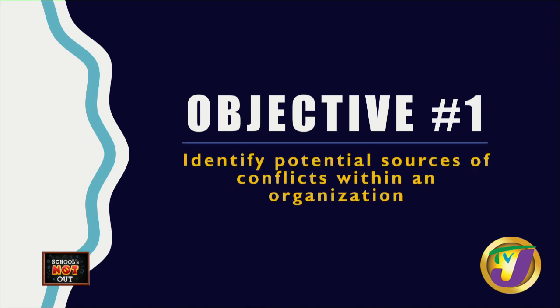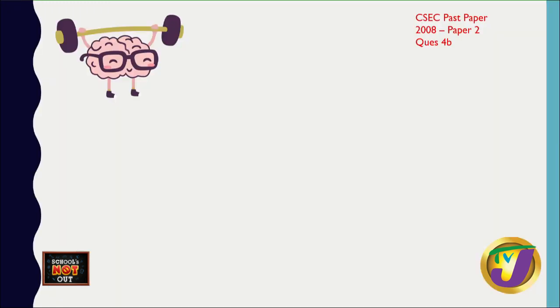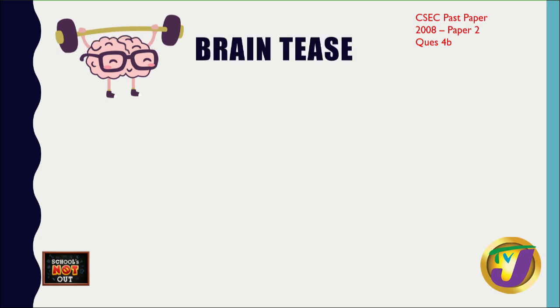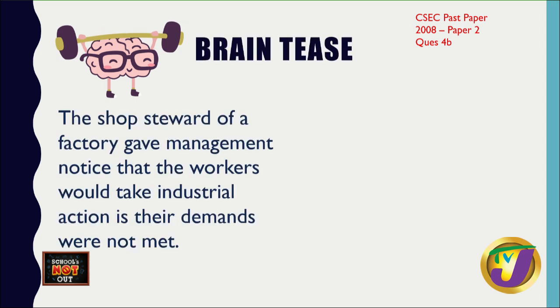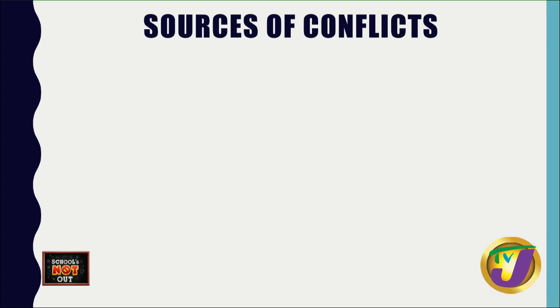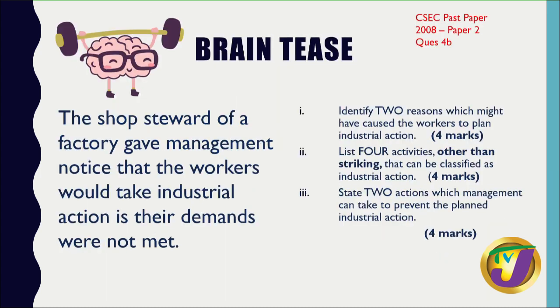Now, as we go into our first objective, identifying sources of conflict in an organization, let us look at the CSEC question. I want you to make note of the questions, and we will come back to them at the end of our session. This past paper question is from 2008, paper 2, question 4B.